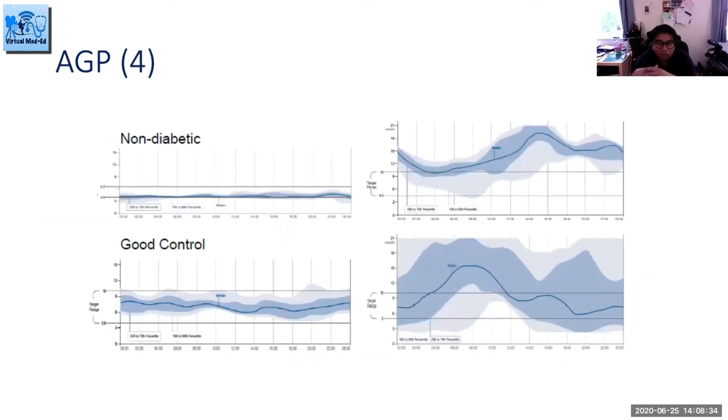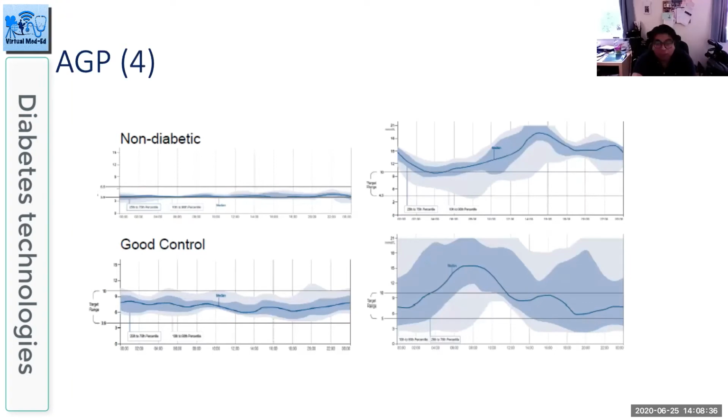So consequently, you can actually plot an AGP for various groups of patients. So typically in someone without diabetes, you would expect it to be fairly flat. You're flattening the curve, the usual term that I've been using lately. And someone with good control, again, it's very flat with some minor variability.